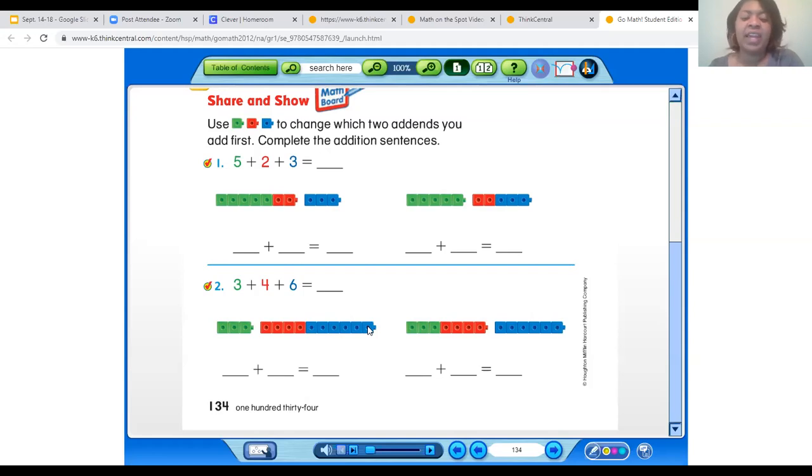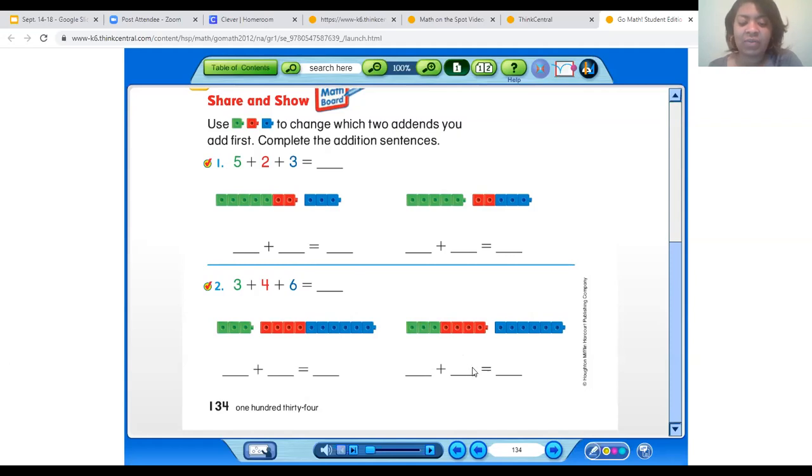Very good. Now on this side, we have the green and the red first. So let's see what green and red is. 1, 2, 3, 4, 5, 6, 7. So the number 7 is going to go right here. All right. Now let's see. How many blue cubes? 1, 2, 3, 4, 5, 6.